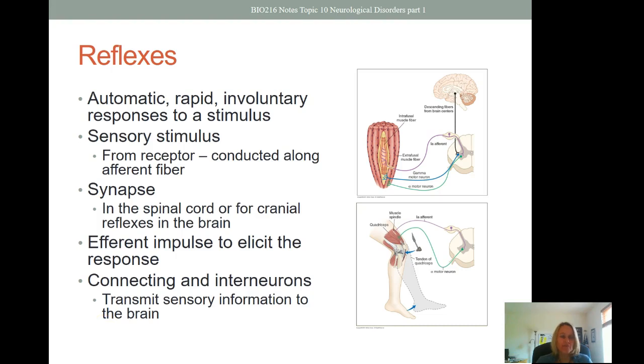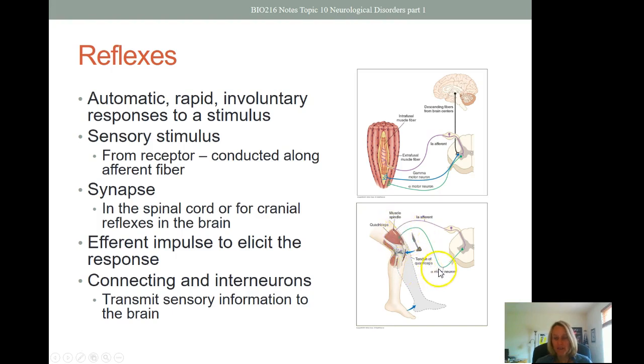Okay, let's talk about reflexes. This is important when we're talking about spinal cord injuries. Reflexes are automatic, rapid, involuntary responses to a stimulus. For instance, a physician tapping on the patellar tendon of the quadriceps, that sensory information is conveyed to the spinal cord, which synapses with a motor neuron, which then produces contraction of the quadricep, and the knee kicks out.